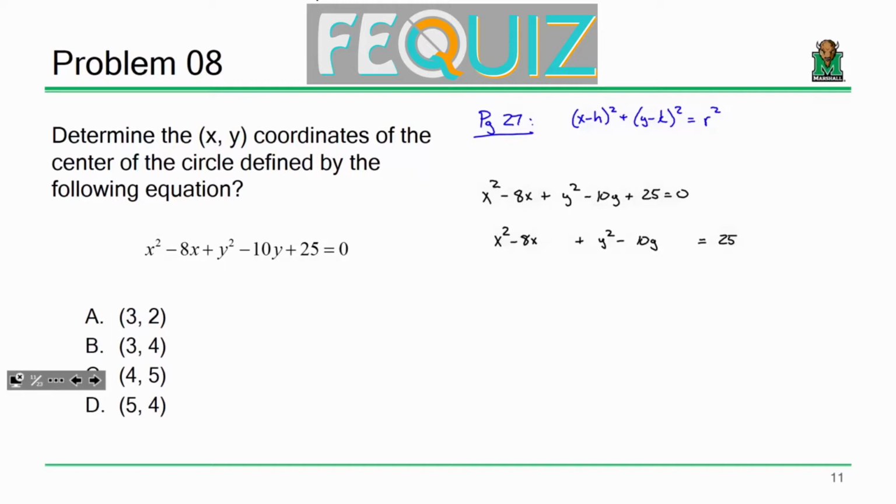In order to do that, I need to take this coefficient of the 8, half it. So what's half of 8? 4, and then square it. So 4 squared is 16, which, oh, you all weren't paying attention. That's a negative 25. All right. So I propose to add 16. But if I add 16 over here, I got to add 16 over here. And we'll group that.